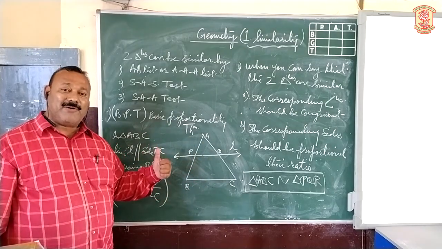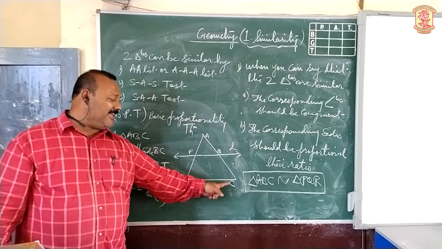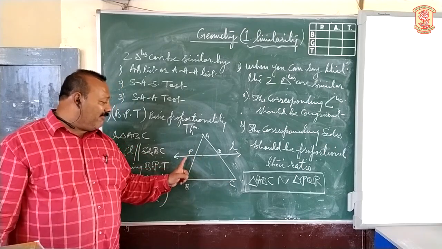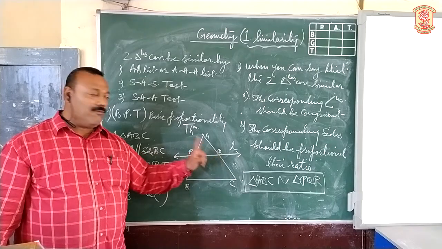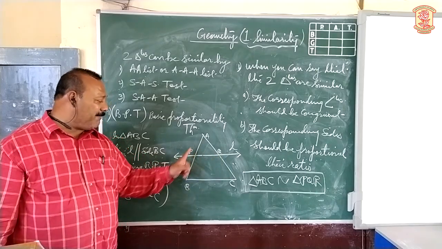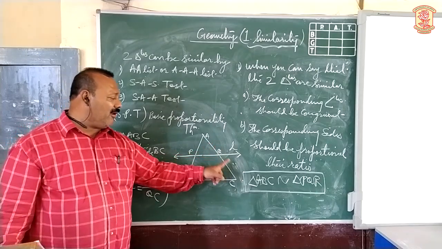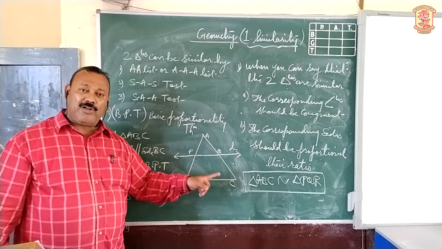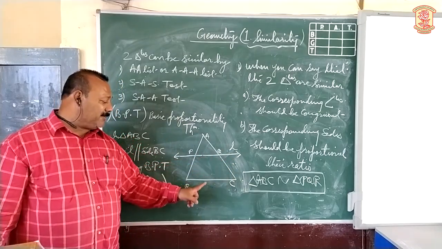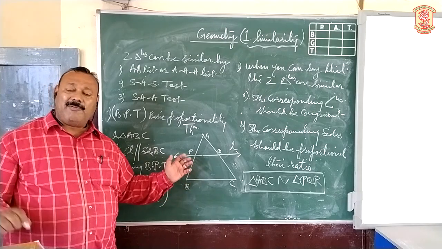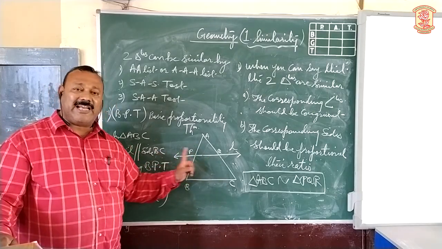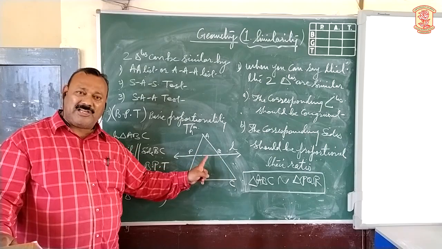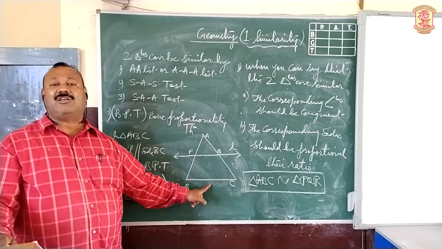How will you define the converse? In triangle ABC, line L divides AB and AC in two distinct points P and Q. For example, AP upon PB equals AQ upon QC, and therefore you have to show that line L is parallel to BC. What will be the mathematical statement here? In any triangle, if a line divides any two sides of a triangle proportionally, then it is parallel to the third side.